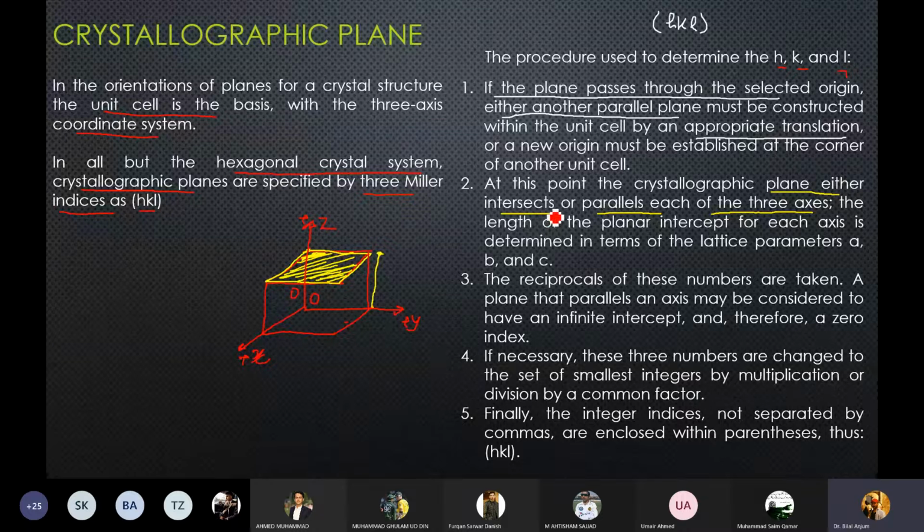It would either be intersecting an axis or it would be parallel to an axis. Now you have to determine the intercept for each axis in terms of lattice parameters a, b, and c. So for this yellow plane, let's first take x, y, and z and write down the intercepts. Is the yellow plane intersecting this x-axis?